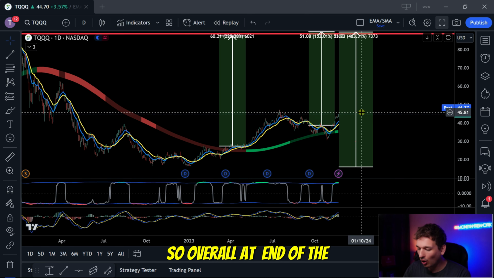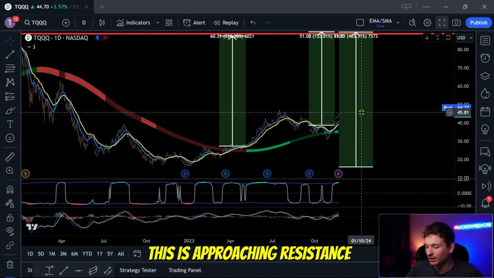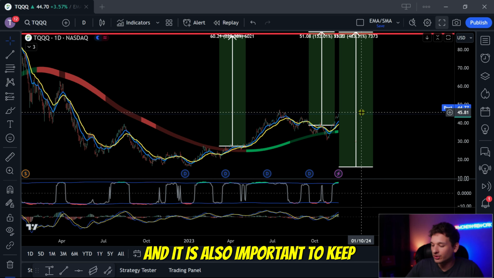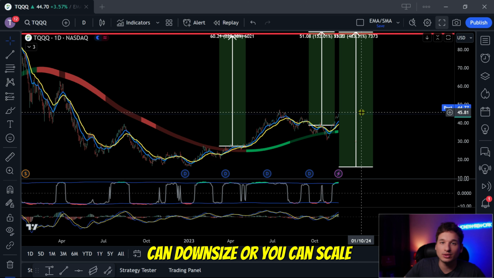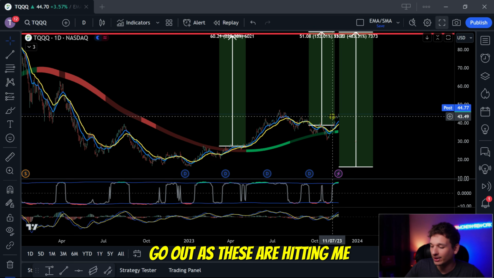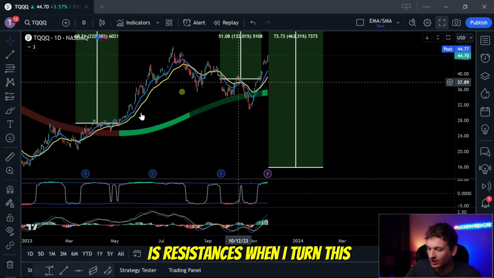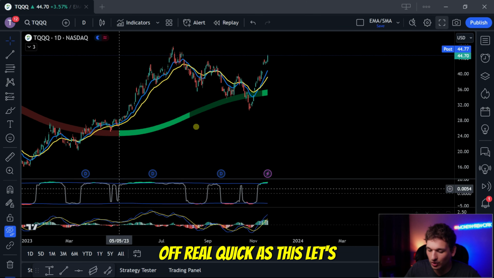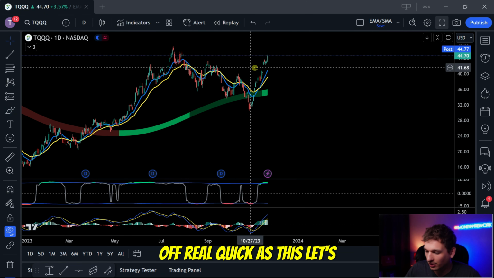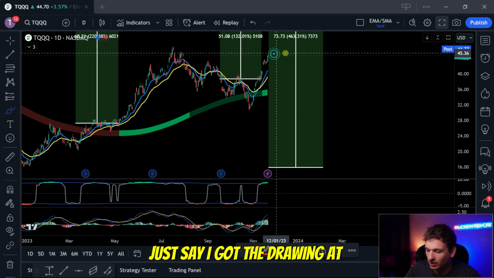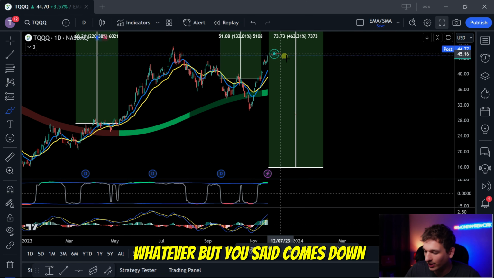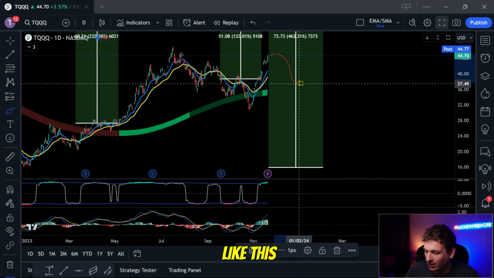Okay. So overall, at the end of the day, this is approaching resistance, and it is also important to keep in mind that with this strategy you can downsize or scale out as these are hitting these resistances. I'm going to turn this off real quick. Let's just say it comes down like this, right?